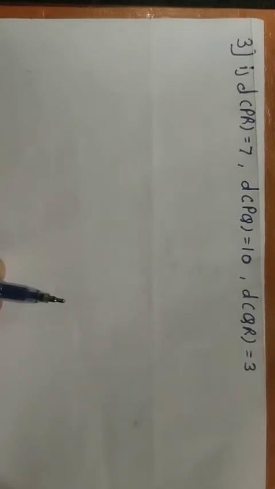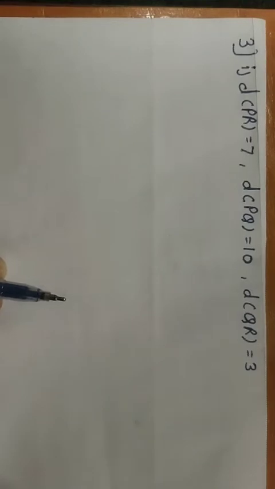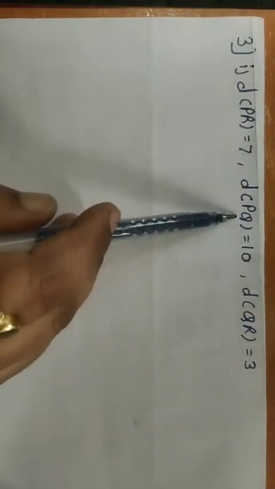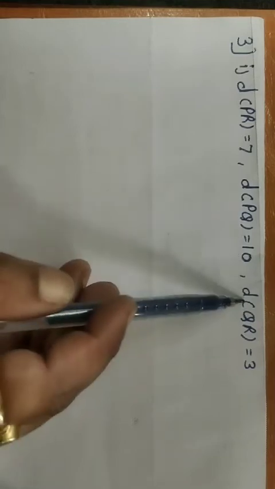From the given information, we have to find which point is between the other two points, and we also have to find whether the given points are collinear or non-collinear. In that, the first example is: distance PR is equal to 7, distance PQ is equal to 10, distance QR is equal to 3.